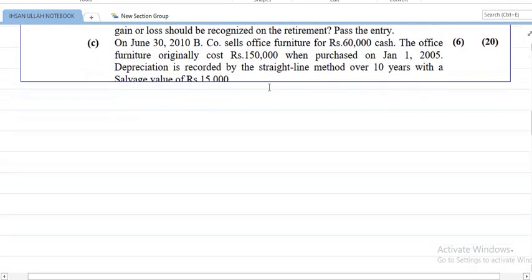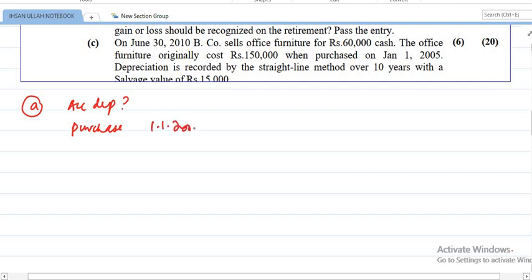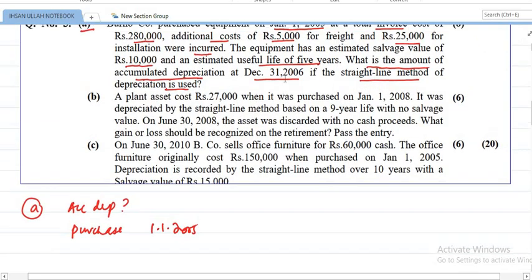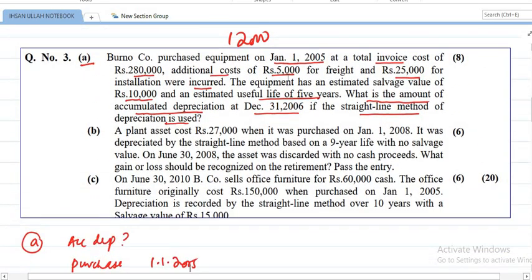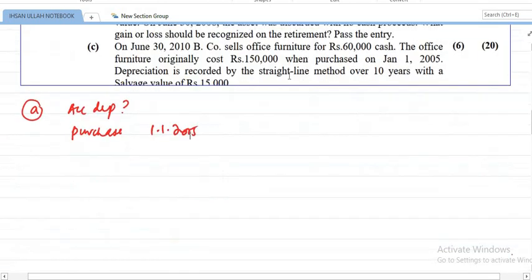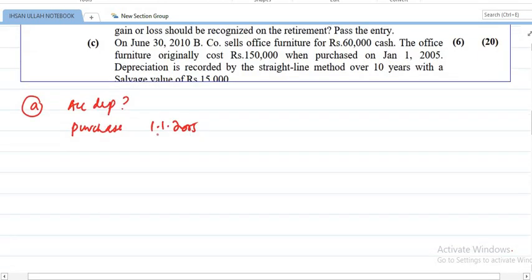Here this is part A, and the requirement is a cumulative depreciation calculation. We purchased an asset, and the asset was purchased in 2005. Now the cost is 280,000.